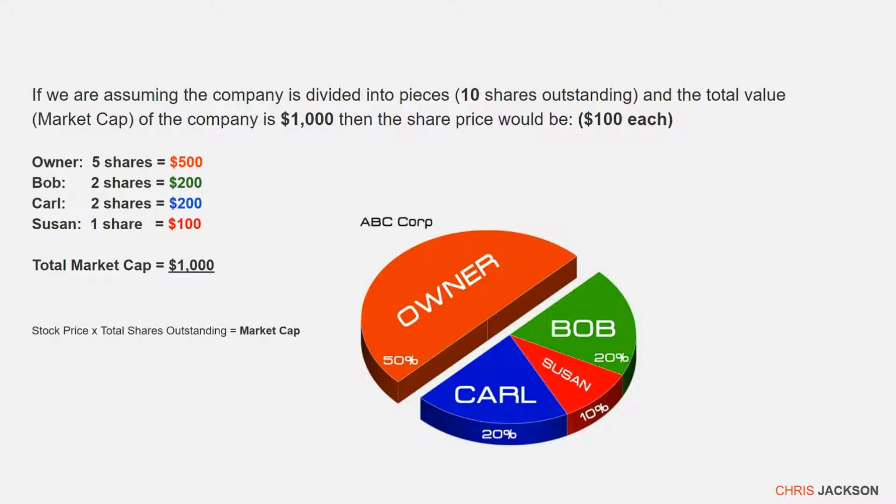Carl the investor, 2 shares at $200. And then we have Susan with just 1 share totaling $100. The total market capitalization, which is the total value of the company, is $1,000. We get that by stock price times total shares outstanding equals market capitalization.